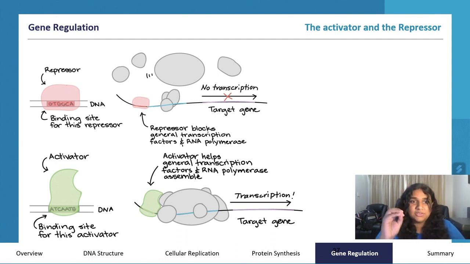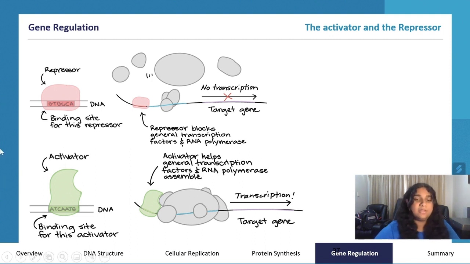There are things called transcription factor proteins. So these are proteins that specifically stimulate the transcription of a gene or downregulate or inhibit the transcription of a gene. They will bind to specific DNA sequences in or near a gene and either stimulate or repress the transcription into RNA.